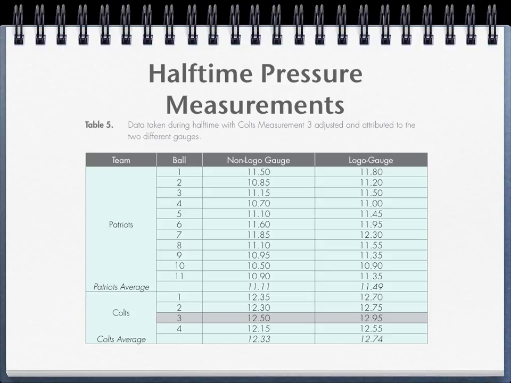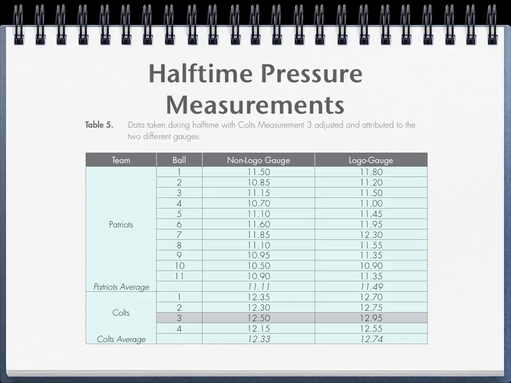There are two gauges presented. One is the non-logo gauge, and the other is the logo gauge. The logo gauge, in general, is 0.4 psi higher than the non-logo gauge, plus or minus 0.05.